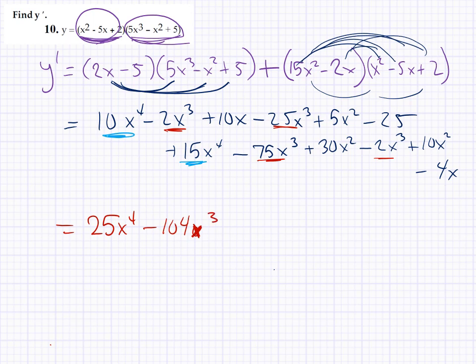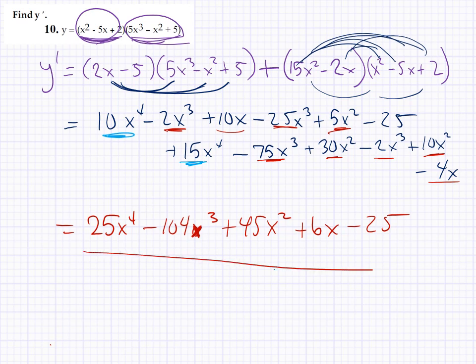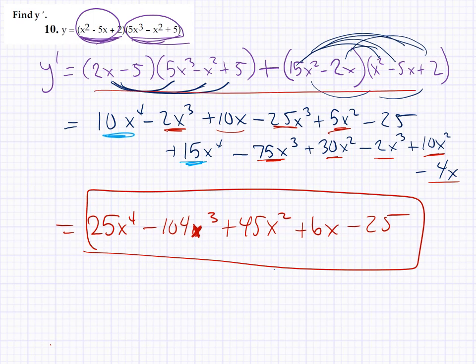Okay, so then we got x squared, x squared, x squared. So 35, 45. Okay, then we have x and x. So that's going to give me what? Plus 6x. And finally, negative 25. Okay. So that would be after everything's multiplied in and collected like terms, but this is your derivative unsimplified.